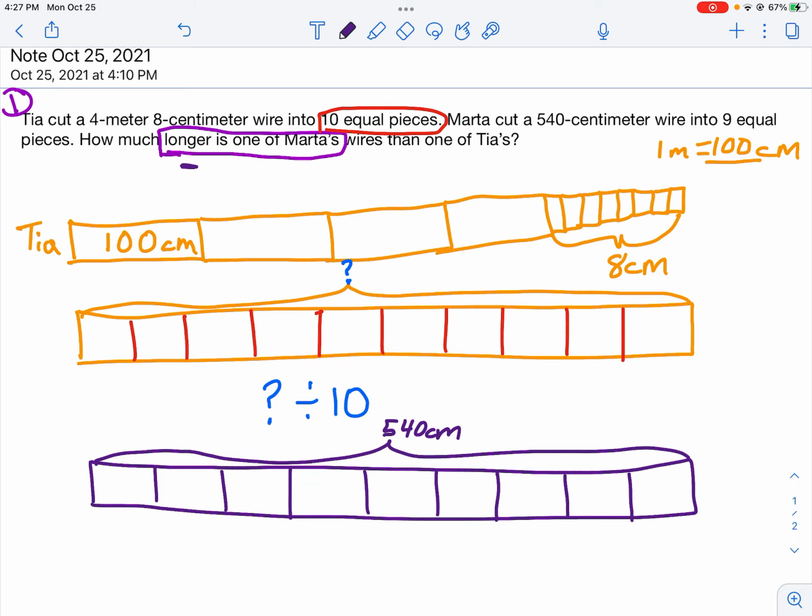Once you have that, so we have Marta's. What are we going to divide that by? It's already there, so you just have to find your answers to both of those. Okay, so I'm not going to give you the answer. I just showed you some things to draw to help you understand it a little bit better. I hope that helped.